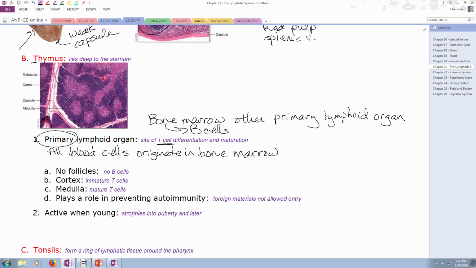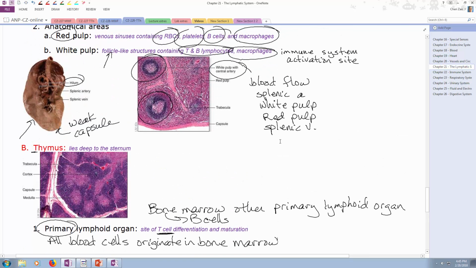Take a look at the histology of the thymus, and let's pull this up. To me, it looks very different from the spleen. And that's part of what you do in your histology studies. You make sure that you take a look at the picture and can figure out that, yeah, they look very different. And then from that, be able to figure out what the organ is. The spleen, for one thing I will tell you, has this white pulp scattered all throughout it.